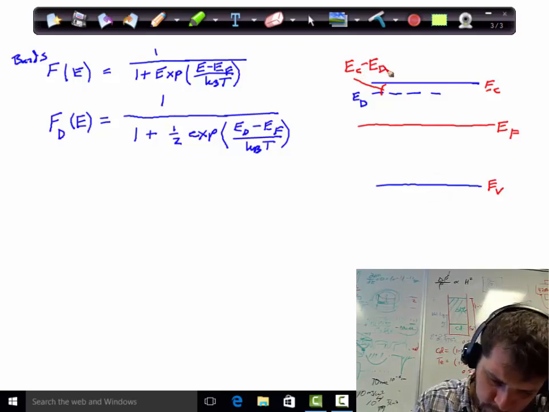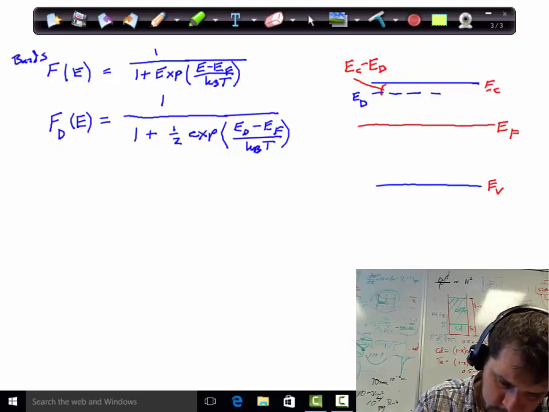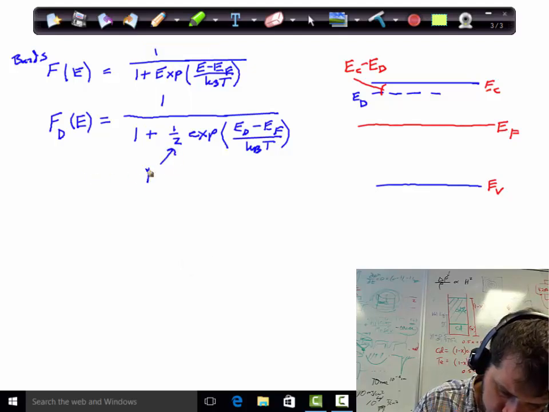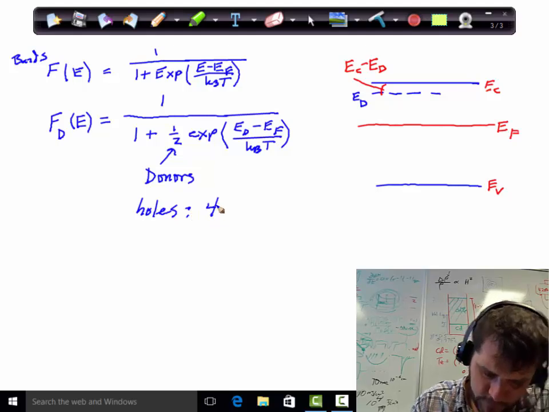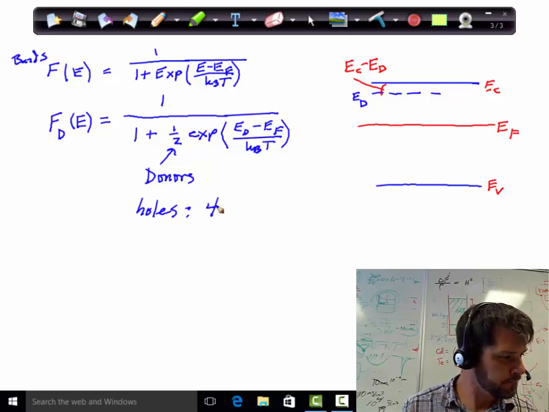So this is a factor of 1/2 for donors, and the analogous expression for holes, it turns out you put a factor of 4 right there for most semiconductors.